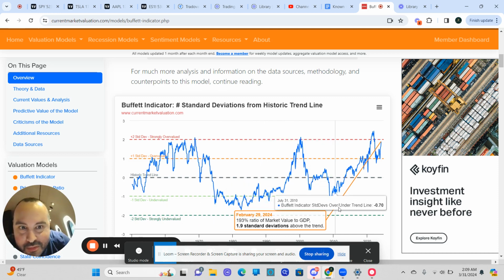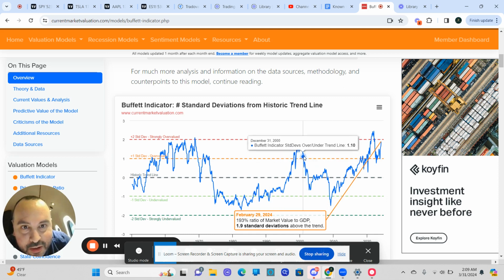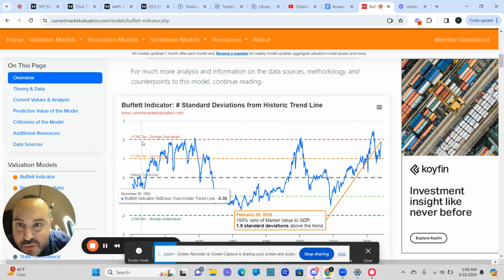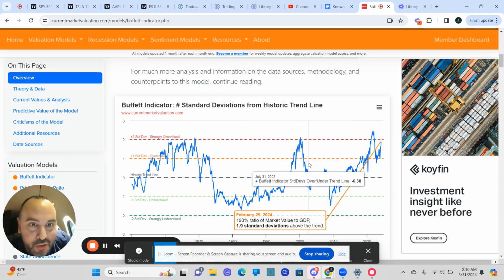So what does that look like? Well, after the financial crisis in 2008, stocks bottomed here, February 2009. I'll show you exactly what I'm talking about on the chart. The dot-com bubble: when that popped, stocks were extremely overvalued, at +2 deviation, and we dropped all the way back down.